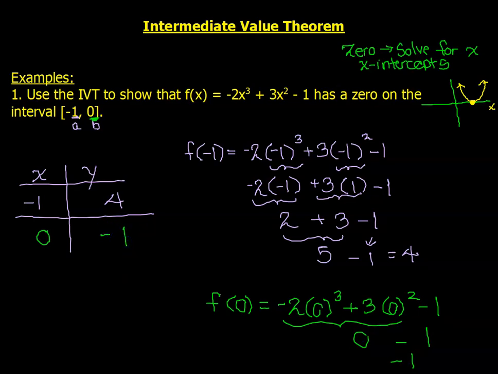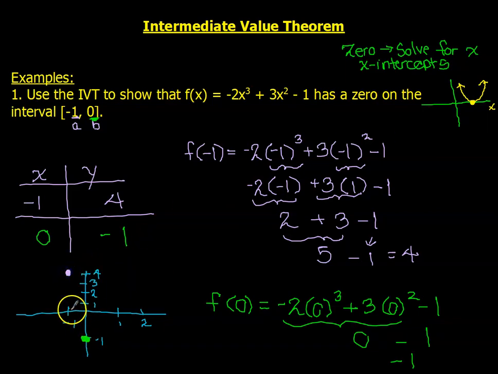Okay. So how does this tell us where a zero or an x can be? I'm just going to give you a brief sketch of what's happening here. All right, so there is a point at (0, -1), so I'm going to plot a point there. And there is also a point at (-1, 4).